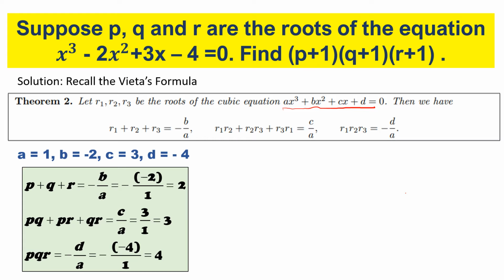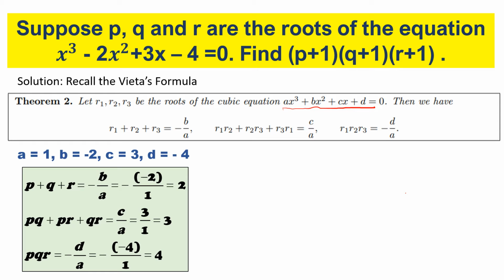The other one is the product of the first and second root plus the product of the second root times the third root plus the product of the third and the first root, which is the same as c over a. Then the product of all roots is equal to negative d over a.